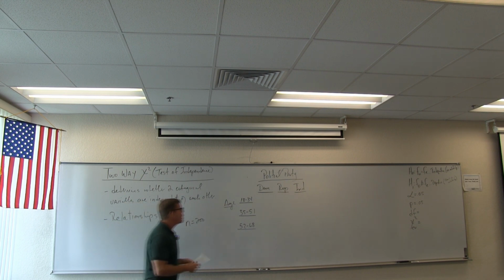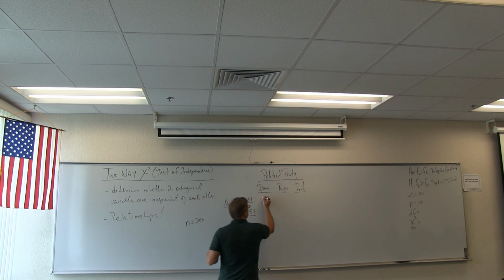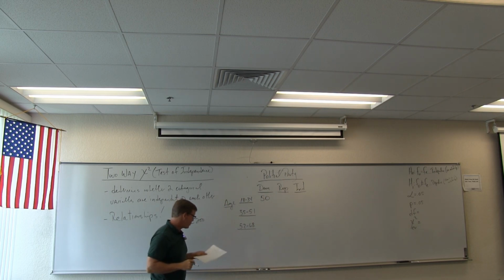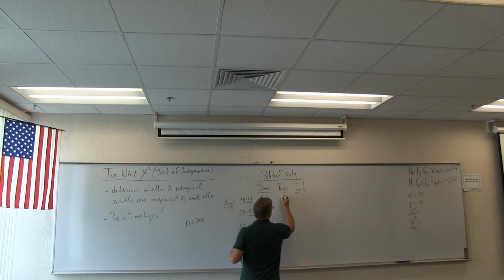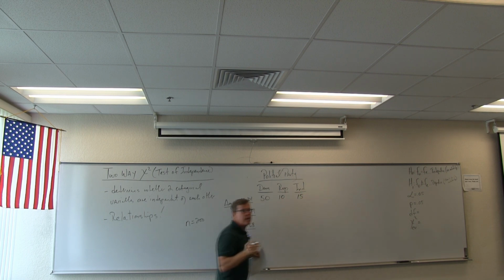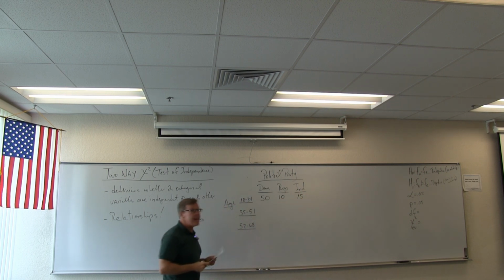As it turns out, 50 individuals in the youngest age group said that they were Democrat. 10 said that they were Republican. 15 independent. The independents are kind of on the fence. They ultimately went to the Democratic side.